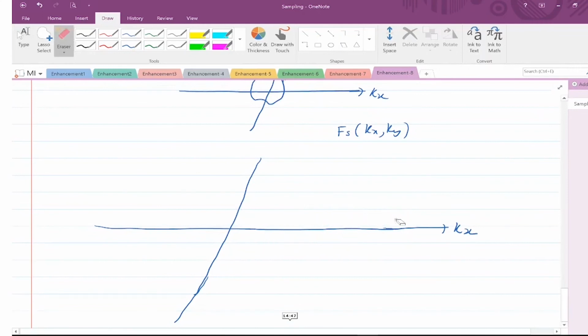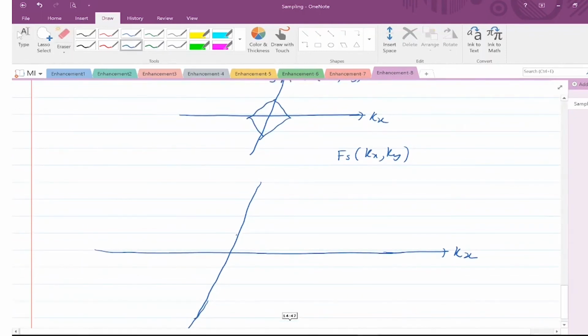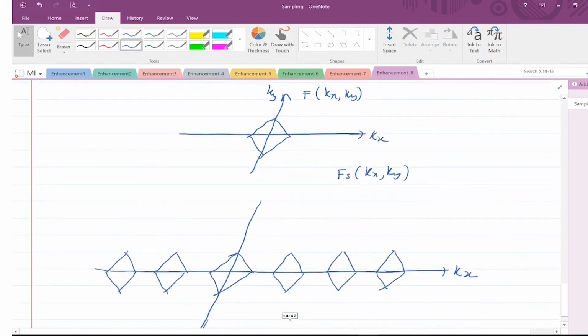The shape is becoming difficult to handle, so let me just draw a simple diamond kind of shape here. It makes my life easier. Suppose that's my Fourier domain. Now I'm going to have copies of it placed. If you look carefully at the way x and y are changing, you will have different copies placed. n equal to 1, let's say, is equivalent to having copies at 1 by y naught.